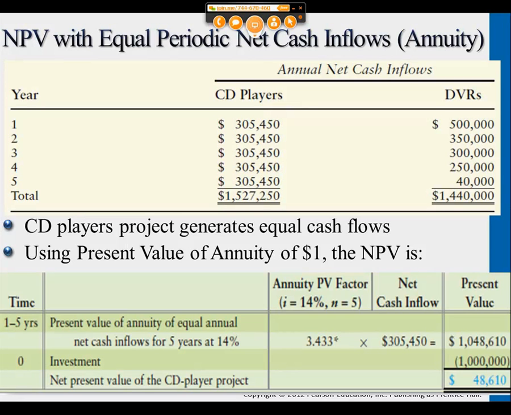I'm investing $1 million in CD players, and then what did you say? That's an inflow. Yes, that's your inflow. All right?